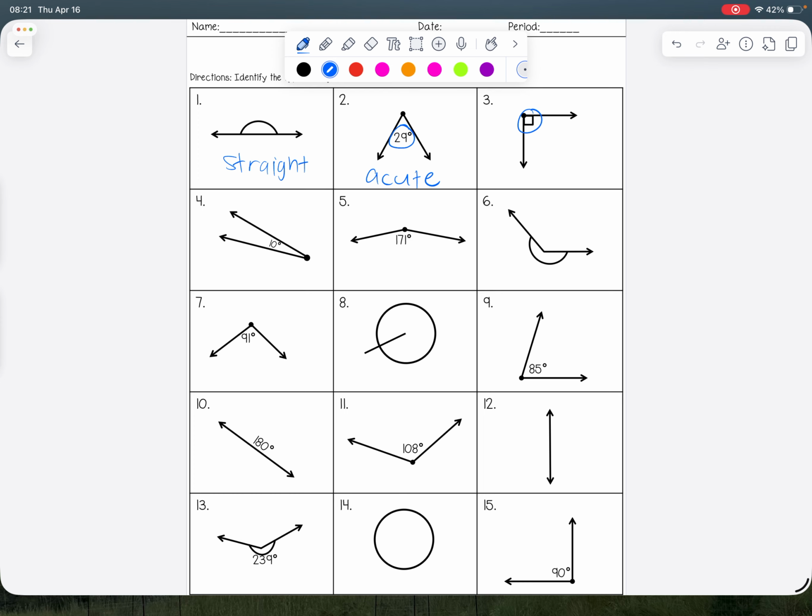We have this square here. This tells us this is a right angle. Again, we have less than 90 degrees, which means acute. Here we have greater than 90 degrees, which would be obtuse. This here on the outside shows us that we are measuring a reflex angle.